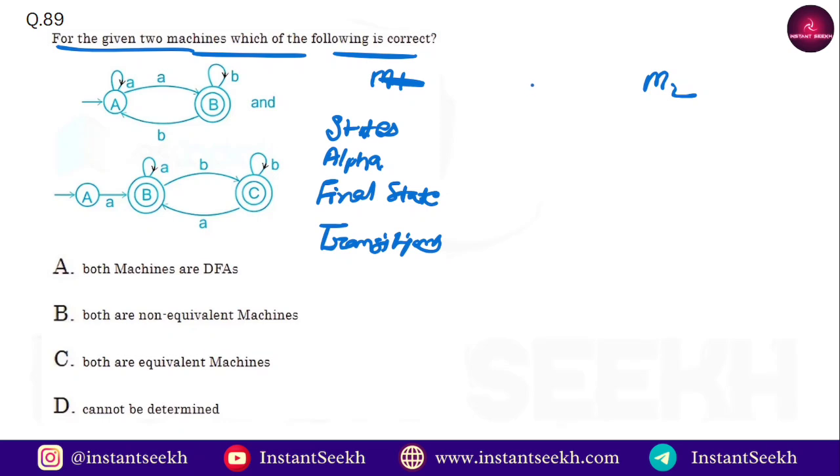Let's take M1 here. For M1 the states are A, B, right?